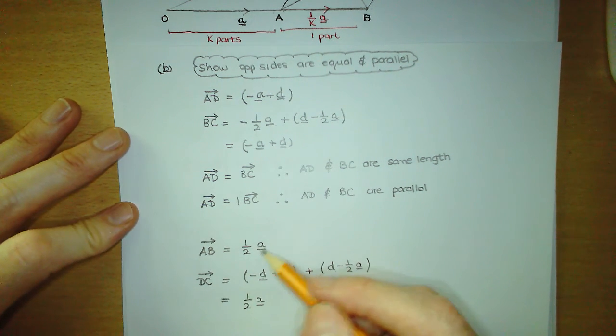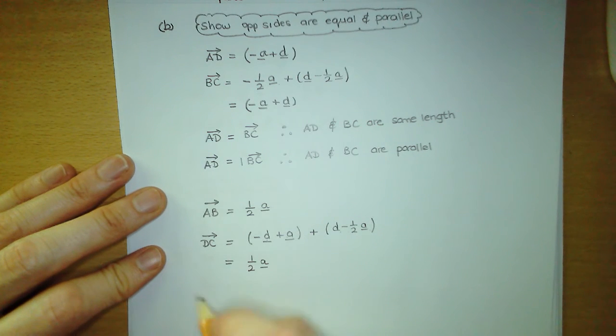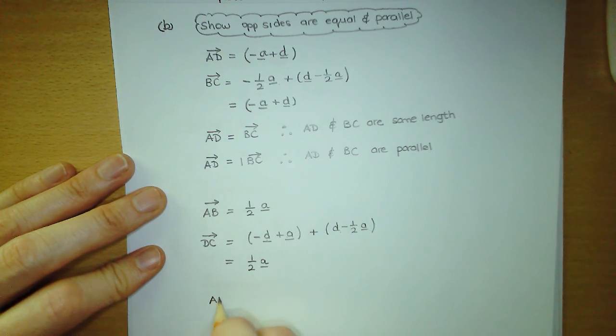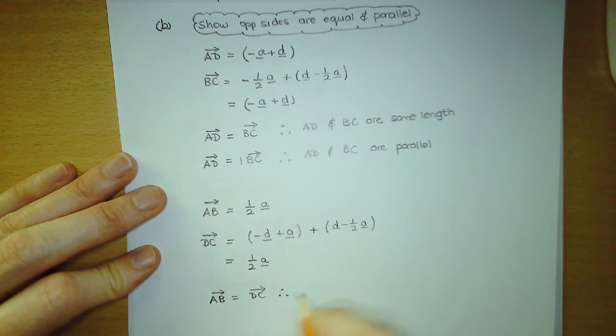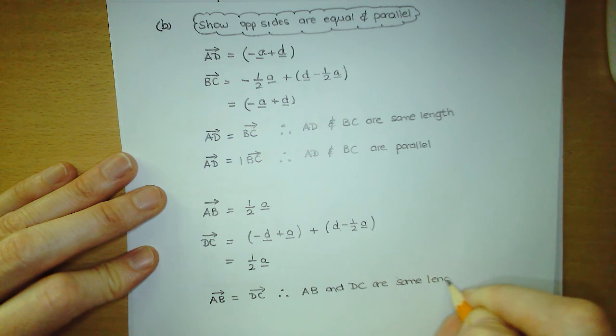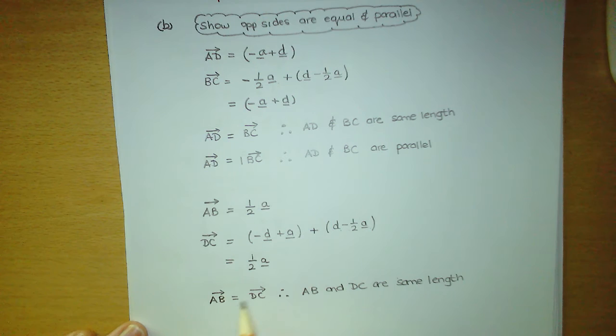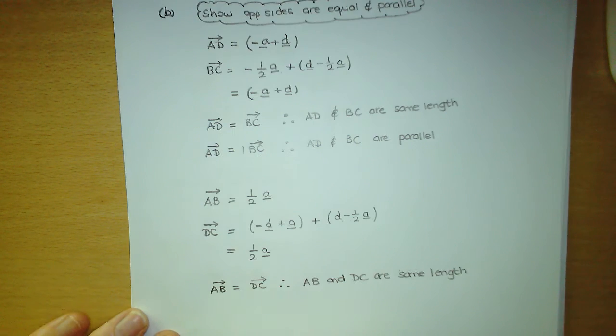So we've now shown that AB and DC are the same, so they're the same length. So therefore AB is equal to DC. So therefore AB and DC are the same length. And then again, if I take this equation here, I can rewrite the right hand side as 1 multiplied by DC.